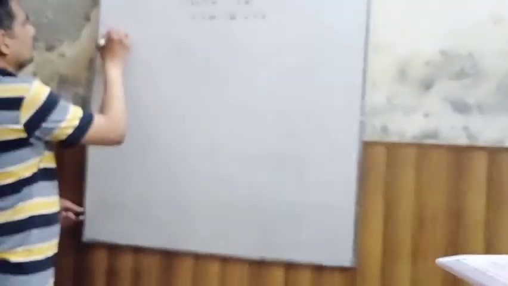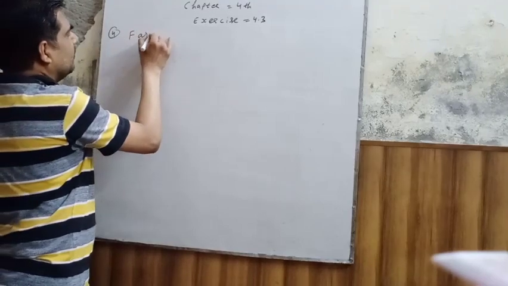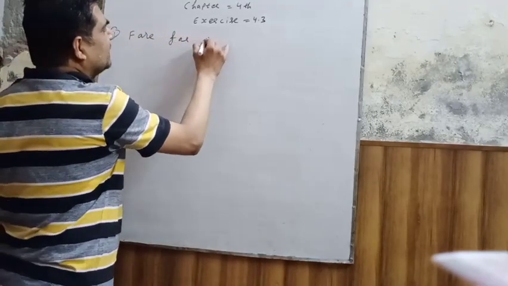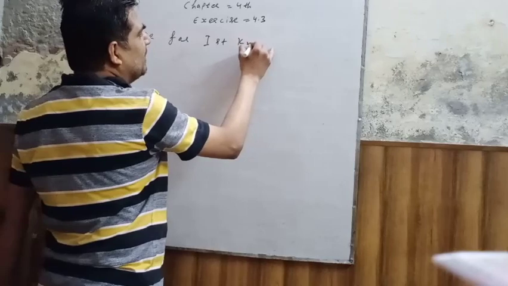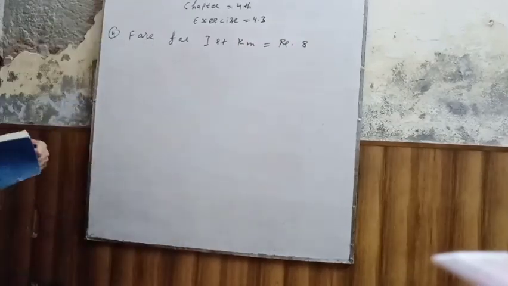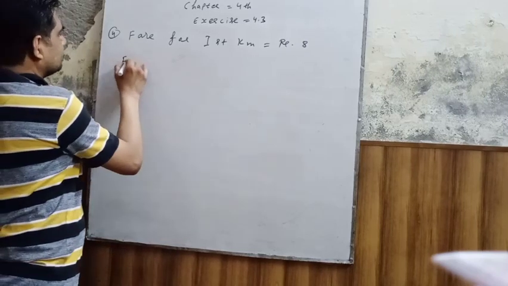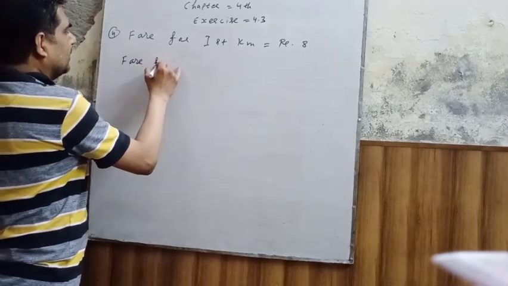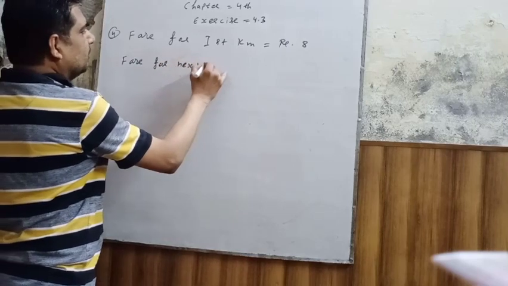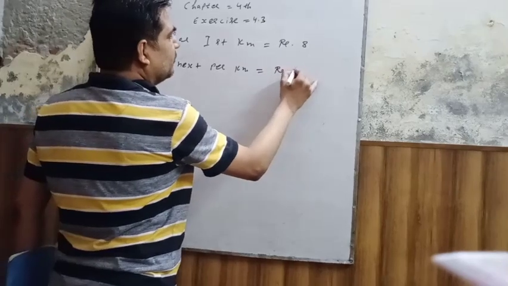Sum number 4. Fare for the first kilometer is rupees 8. Fare for each next kilometer is rupees 5.